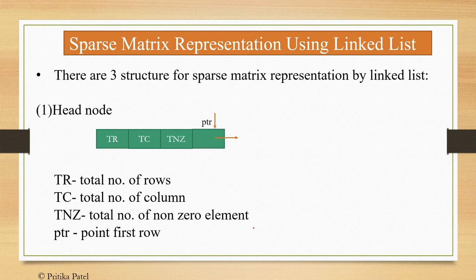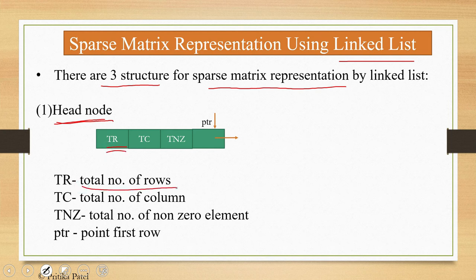Now the sparse matrix representation using a linked list. There are 3 structures for sparse matrix representation. The first one is the head node. In the head node, first is TR, the total number of rows. Second is TC, the total number of columns.